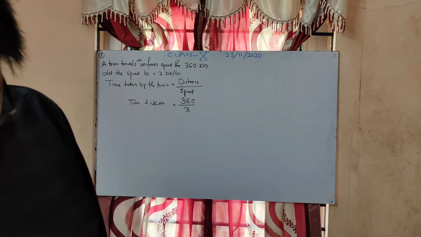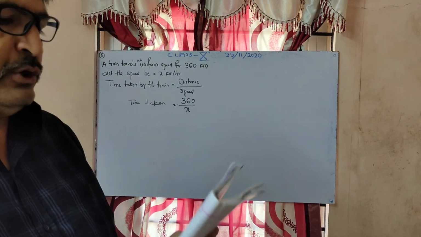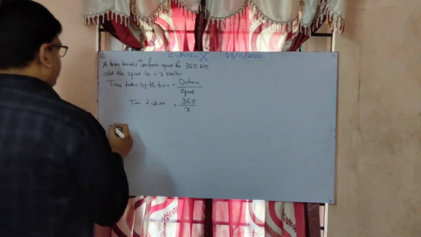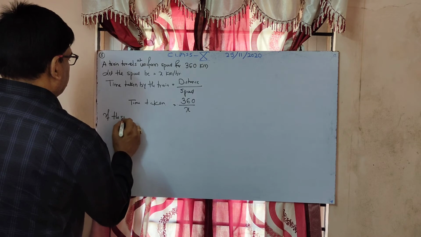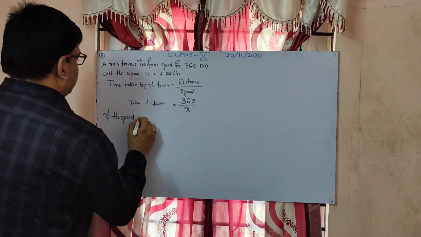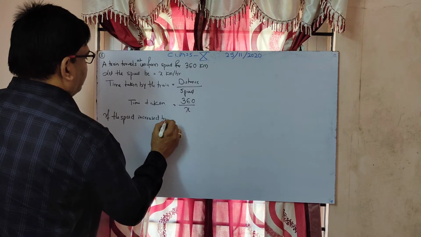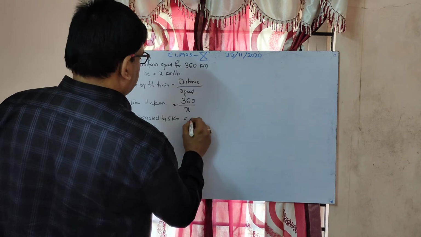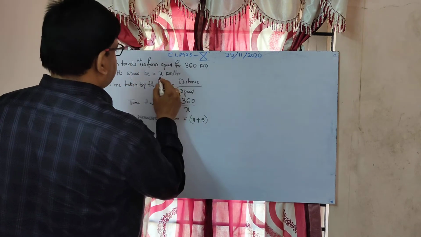Now the next question. If the speed had been 5 kilometers per hour more, the speed has increased, so what happens? x plus 5. Initially it is x.